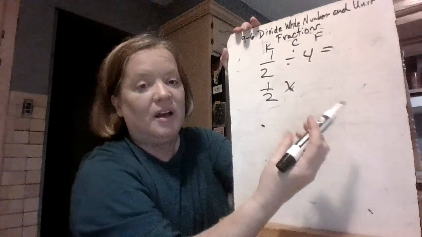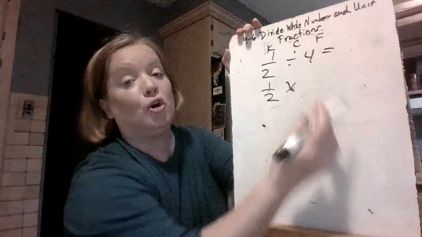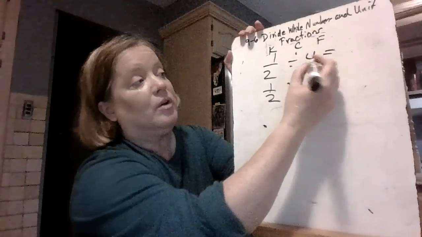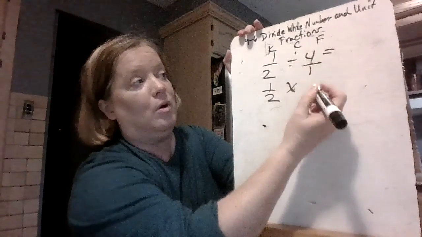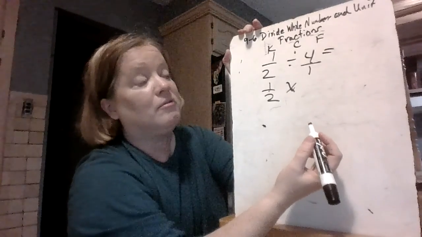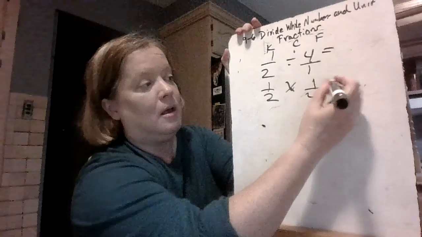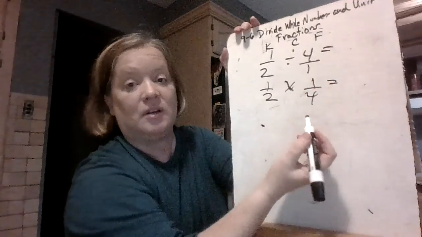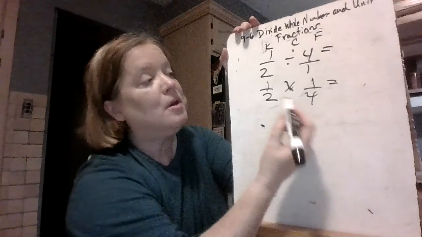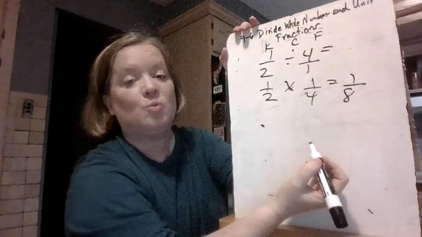We have to multiply fractions times fractions. So we have to make this whole number look like a fraction. We start it off being over 1, but because I'm going to flip it to its reciprocal, the reciprocal of 4 over 1 is 1 over 4. When I multiply, I follow my normal algorithm. 1 times 1 is 1. 2 times 4 is 8. So my answer is 1/8.